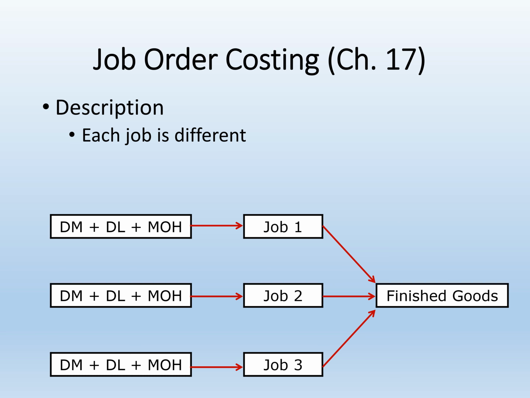Managers in the firm choose this method because they know that each job is different. So it's important to be able to trace costs to each specific job. That way, managers can determine how much it costs to make the units in that particular job, which differs from all of the other jobs that the firm might be working on.